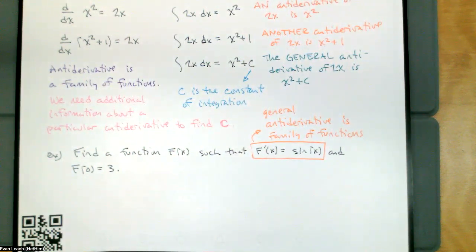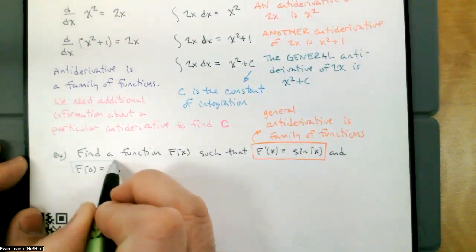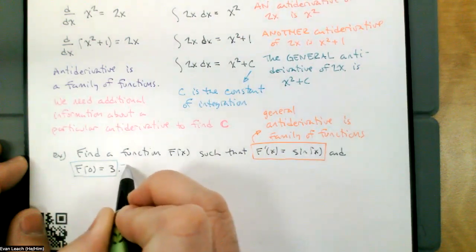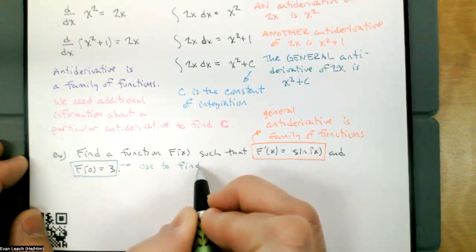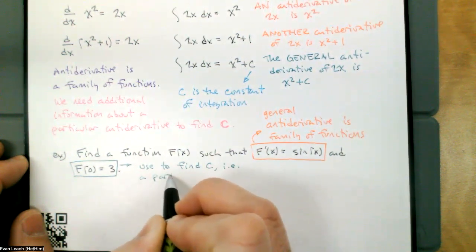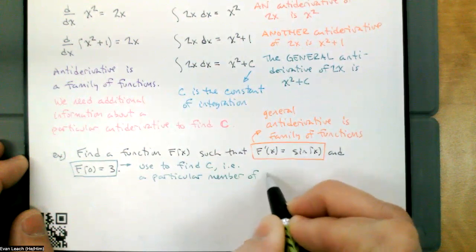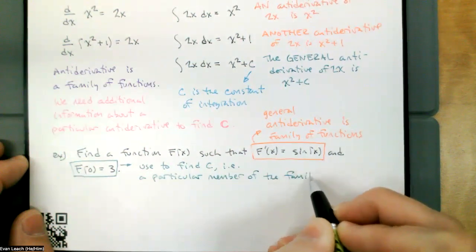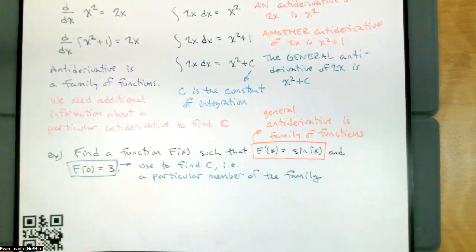And then this additional piece of information, where capital F at 0 is equal to 3, allows us to find a particular member of that family. So that is information that we can use to find a particular member of the family.